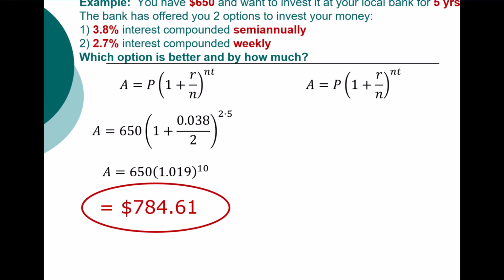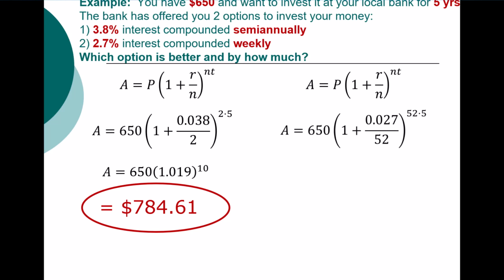Number 2, we're going to have the same formula, but our interest rate changes. We're going to have to change that percent to a decimal. So remember, move your decimal in percent, move it to the left 2 places. You're going to have a 0 to fill in, so that's going to be 0.027. Weekly, we have 52 weeks in a year. Our time is still 5.